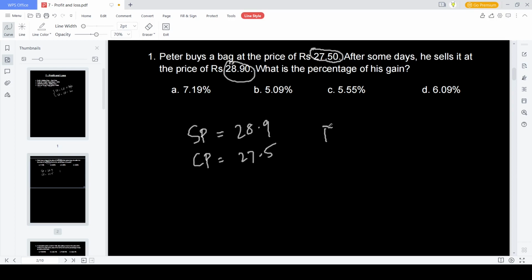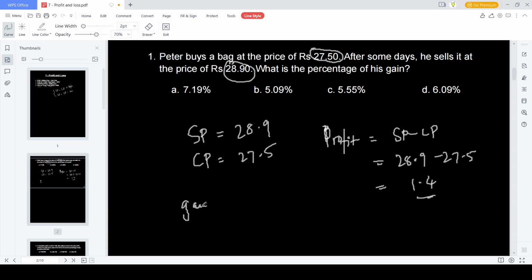So the profit is equal to selling price minus cost price. This is nothing but 28.9 minus 27.5, which is 1.4. So 1.4 rupees he made as profit.